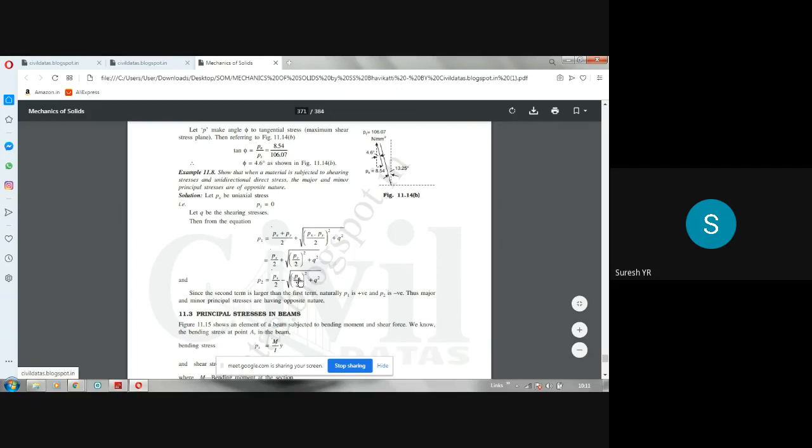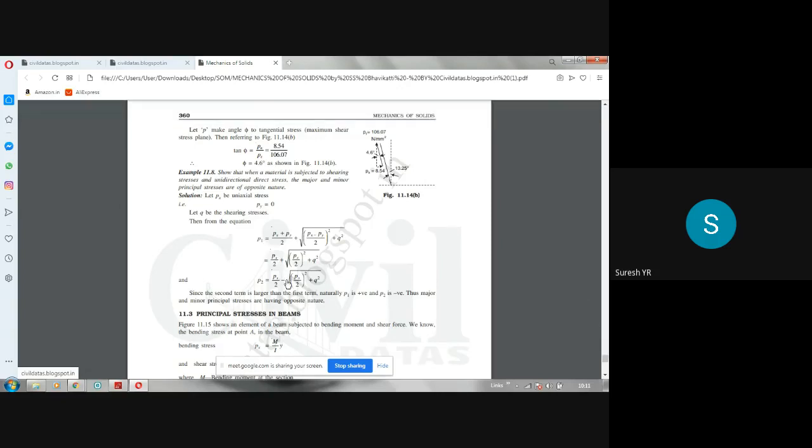Whereas here, (1 by 2) whole square plus 1 square, if you take the root of that, will be greater than this. So this term is more than this term. That's why when you subtract, it becomes a negative quantity. That is the meaning of this: the major and minor principal stresses have opposite nature. So if P1 is positive, P2 will be negative. This is what I wanted to tell.